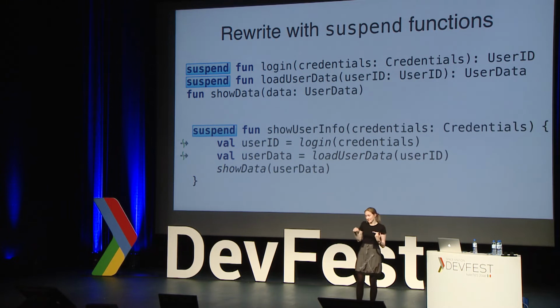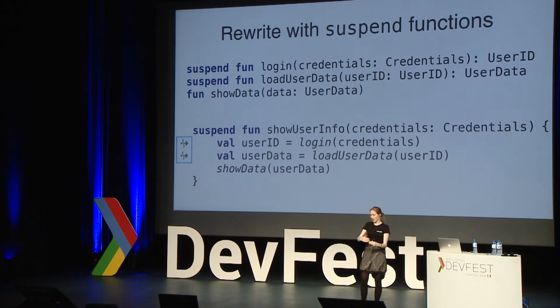And IntelliJ nicely highlights the suspension points of this function. So the show user info function is a computation that might be suspended, possibly in two places. And we clearly see where it can be suspended.